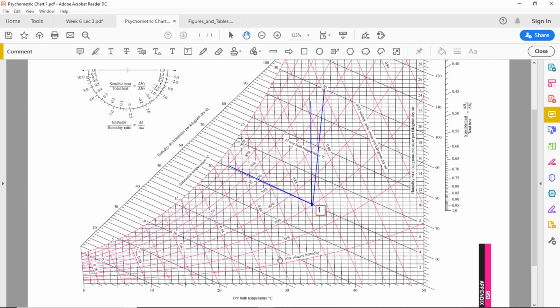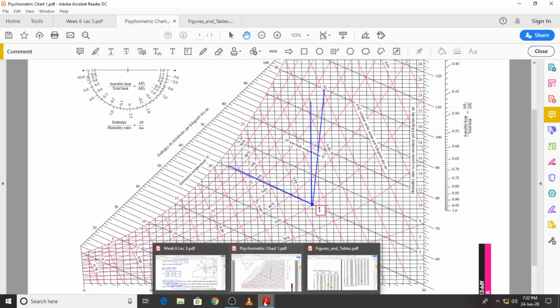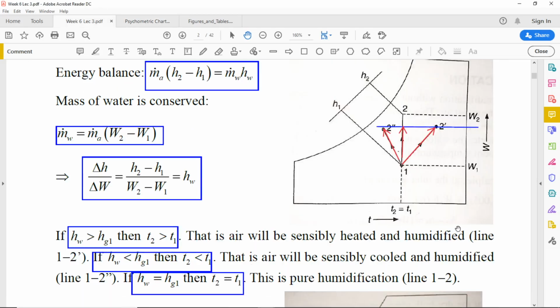Then we will further look at the case of humidification using liquid water, that is when HW is less than Hg1, and for that particular case there are further three possibilities.